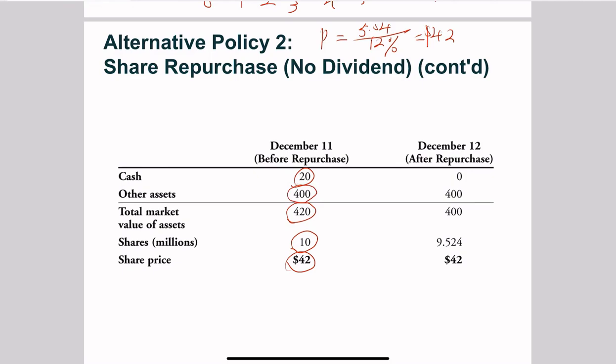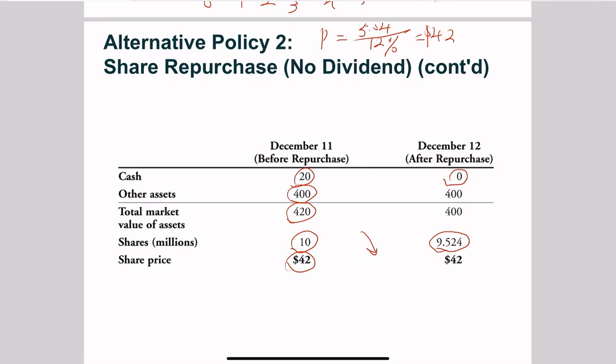In this case, the firm will use the $20 million cash to reduce the number of shares. So what you can see here is cash will disappear, right? It will drop to zero. And then the number of shares will drop from 10 million shares to 9.524 million shares.